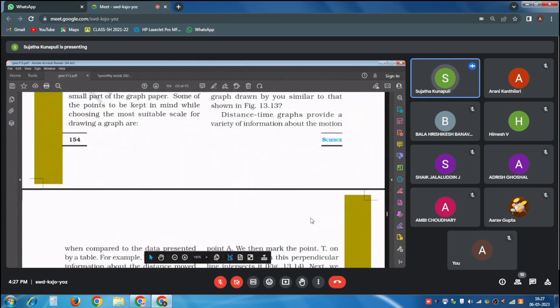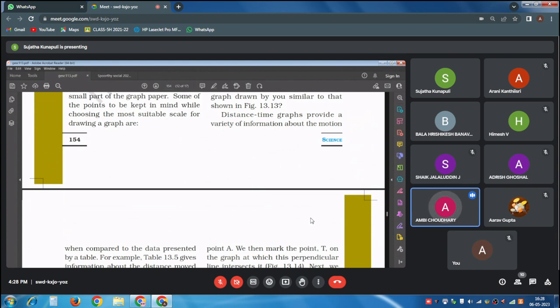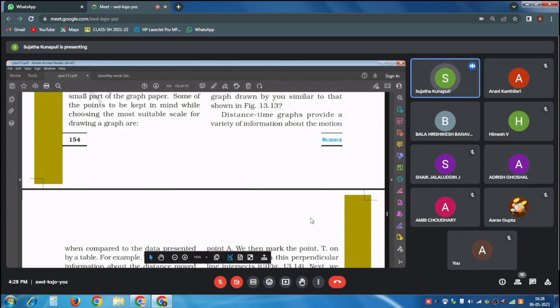So what about tomorrow's test? Tomorrow, will you write any test, or will you take a break this week? Ma'am, we can go on with acids, bases and salts. Yes, acids, bases, and salts MCQs you will write tomorrow.